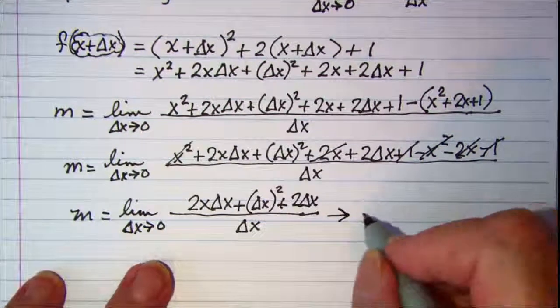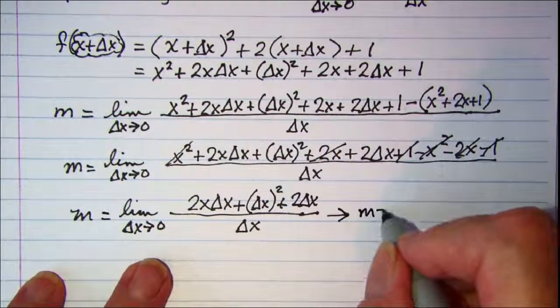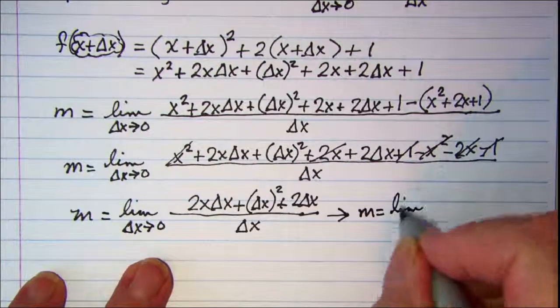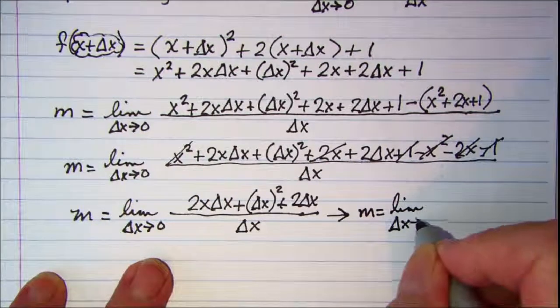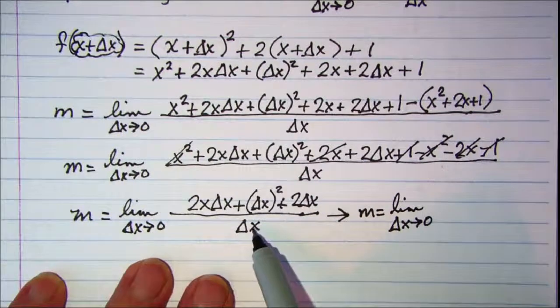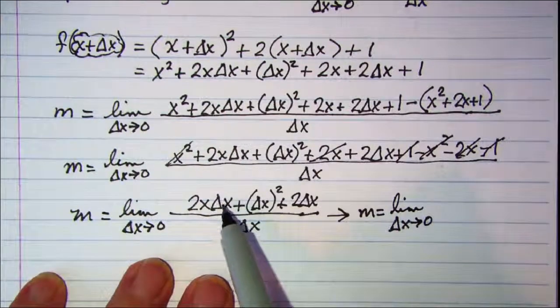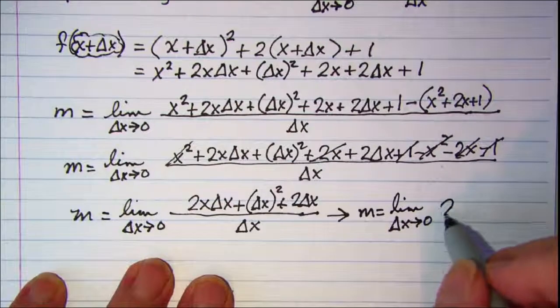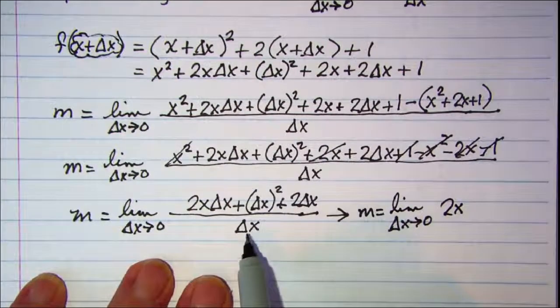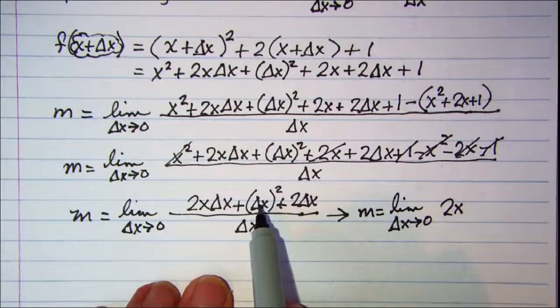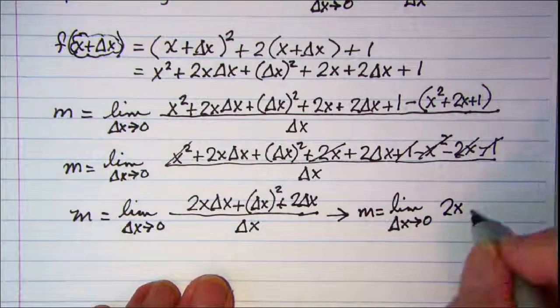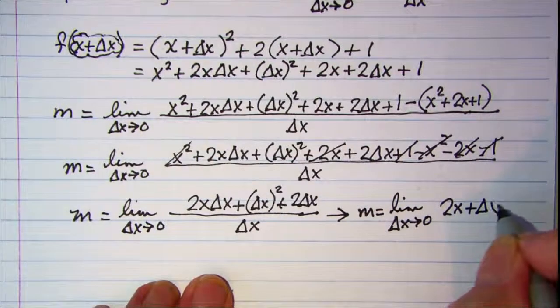So then what I'm finding, my m is the limit as delta x approaches 0. When I cancel this delta x with this one, I just have 2x. And then when I cancel this delta x with one of these, I still have a delta x factor here.